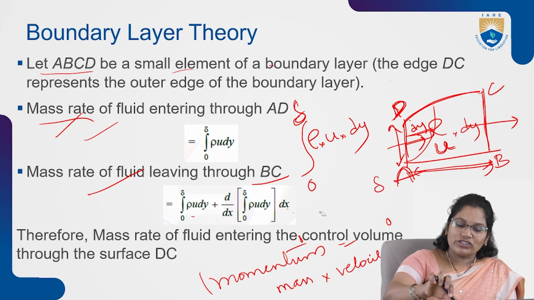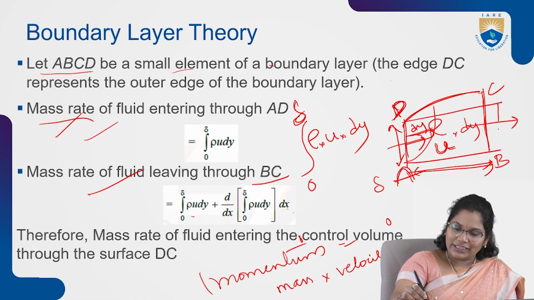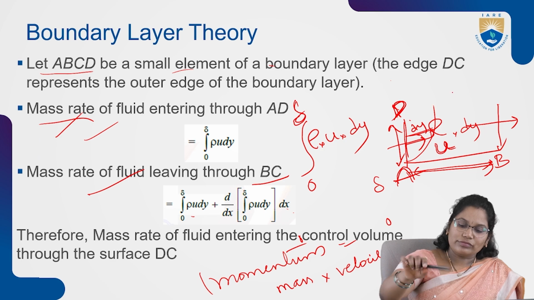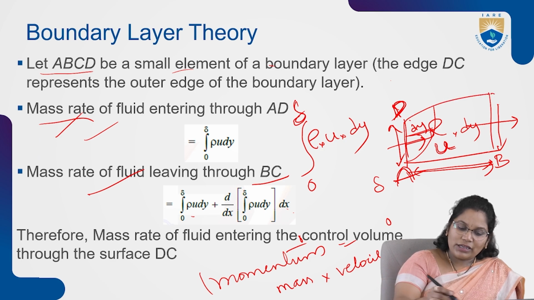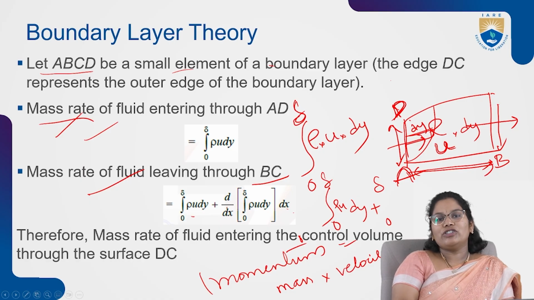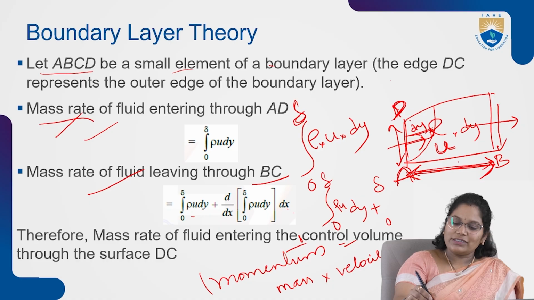So the equation becomes: the mass of the fluid entering at AD is equal to the integration from 0 to delta of rho u dy, plus d by dx of the integration from 0 to delta of rho u dy into dx, with respect to the x direction, and the small portion dx.